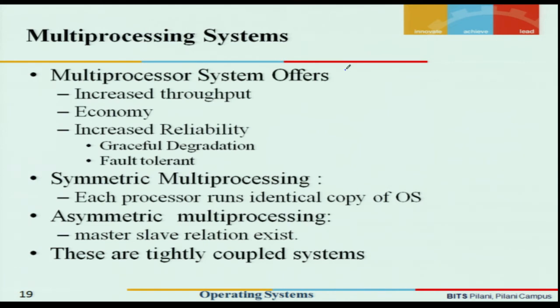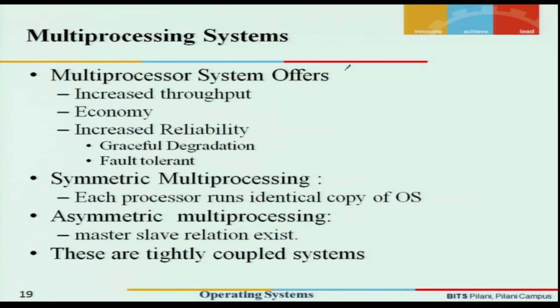So in case of a multiprocessing system, if we start talking in terms of operating system design requirements, we can immediately see that the question would arise that there are multiple processors and there are multiple programs in the memory. So now which particular program has to be scheduled on which particular processor? Similarly, it is possible that a particular program which is being executed by one processor is occupying some memory area.